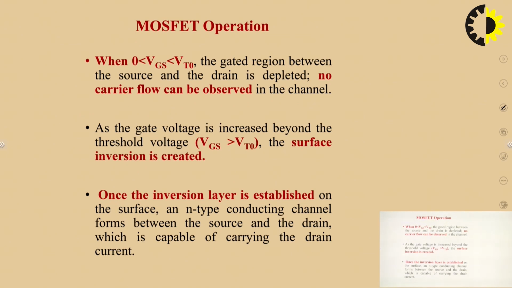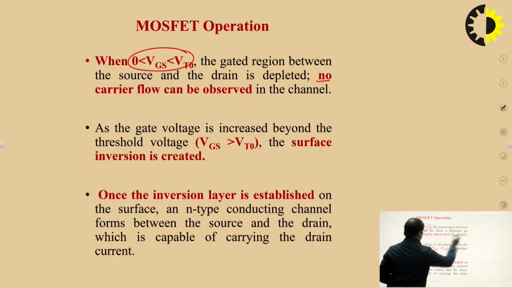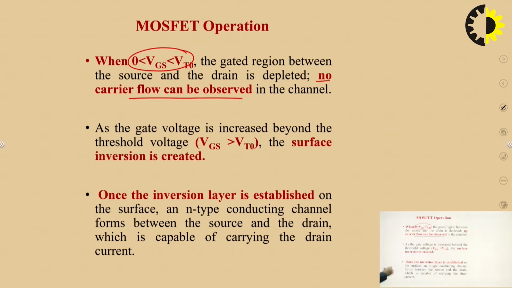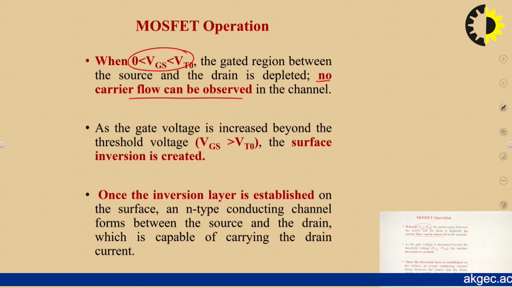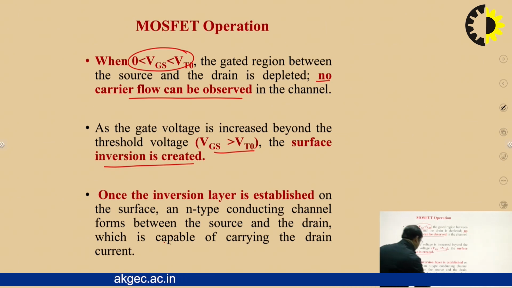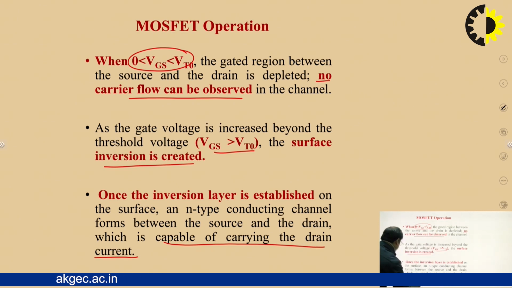So here, if we summarize, if the gate to source voltage is less than VT, no current flow is observed. If the gate voltage is increased and it is greater than VT, then surface inversion is created, and once the surface inversion is created, it is capable of carrying the drain current.